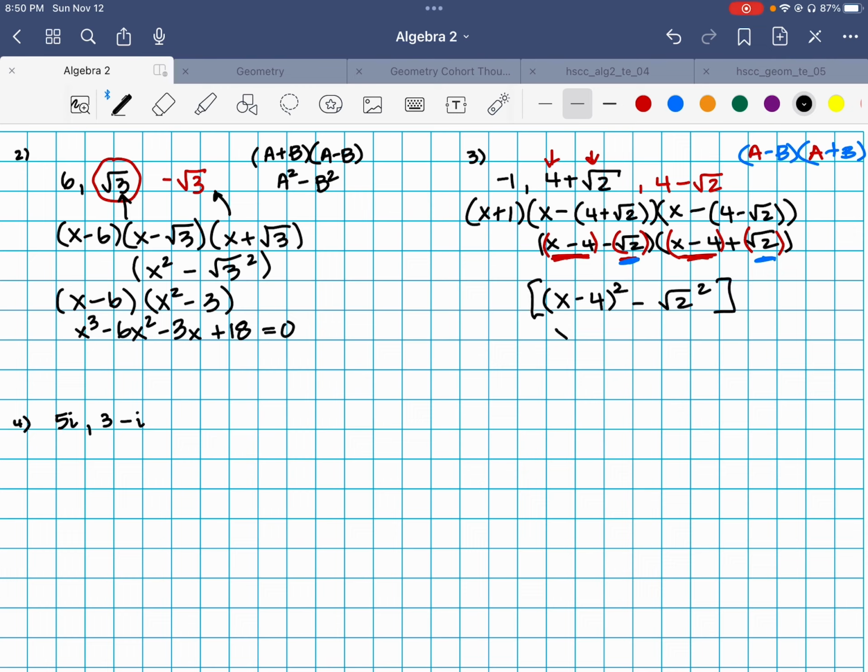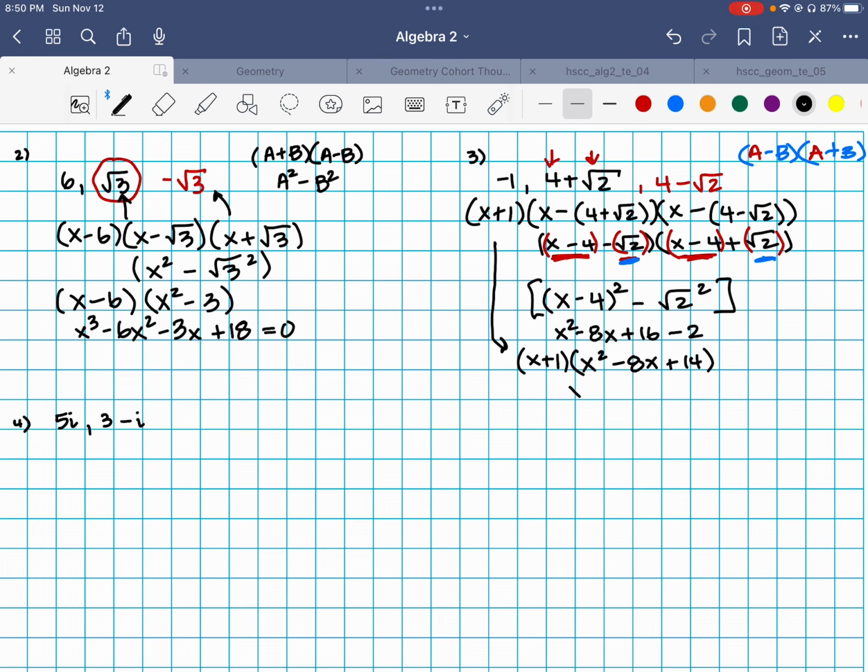And that's going to give us x squared minus 8x, once again using that pattern of multiplication or FOIL, minus 2. Simplify that. That's going to be x squared minus 8x plus 14. And not to forget that original factor of x plus 1. Let's multiply that guy through also.